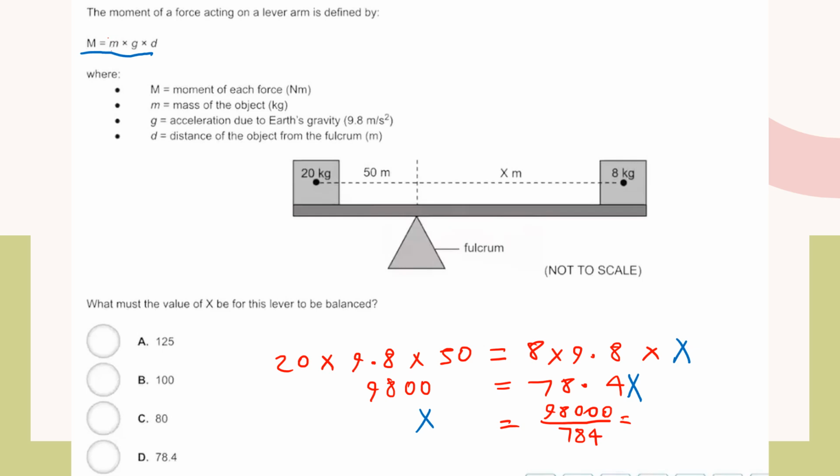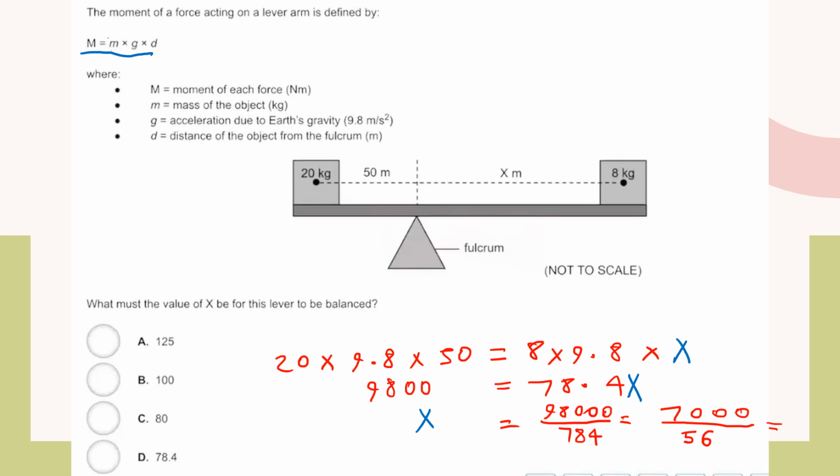If I simplify it, dividing by 14 on both sides, we get 7,000 over 56. 56 times 7 is 392, 14, 60... 24 over 56.